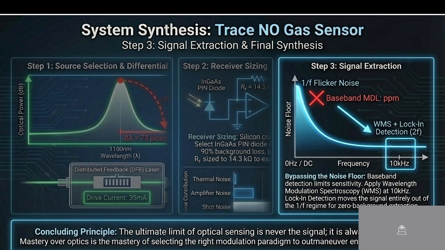Then step 3, which is signal extraction. Here this 1/f flicker noise should be eliminated by lock-in detection at 2F, increasing the frequency and bypassing the shot noise floor. Baseband detection limits sensitivity. Apply wavelength modulation spectroscopy, WMS, at 10 kHz. Lock-in detection moves the signal entirely out of the 1/f regime for zero background extraction.